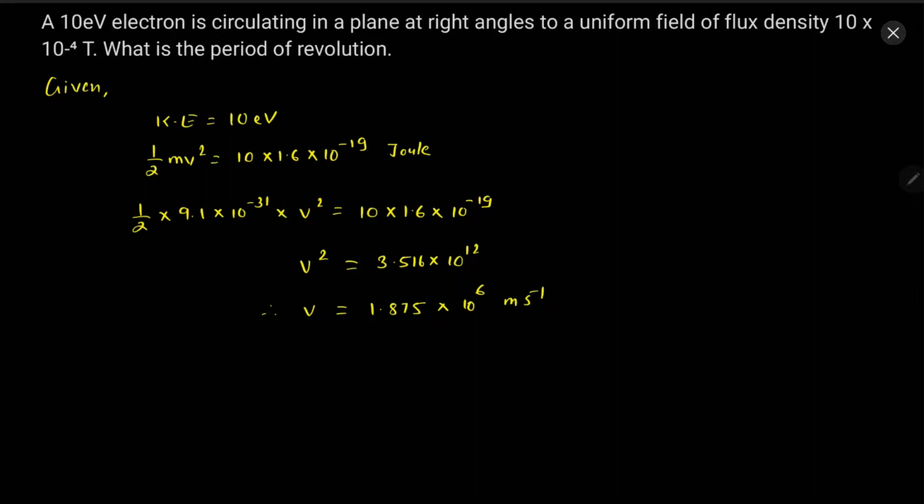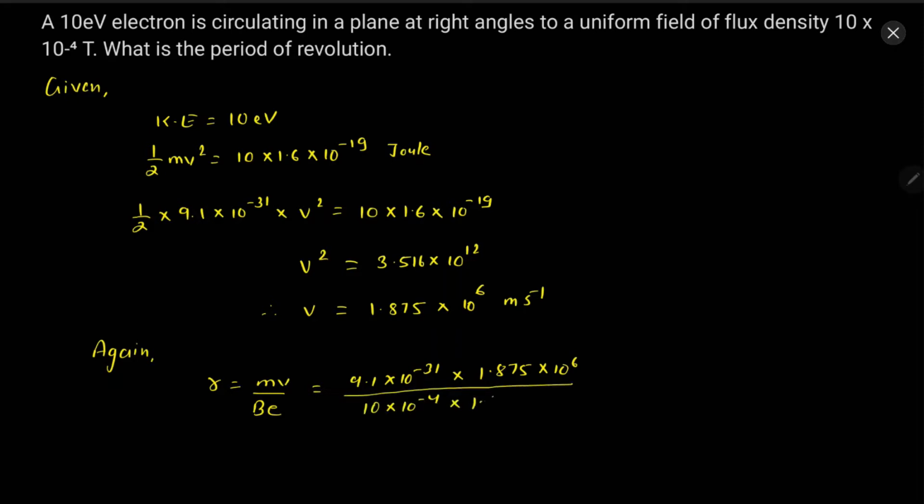Now when this electron enters into a magnetic field at right angle, then the radius of the path is mv by Be, which is equal to 9.1 into 10 power minus 31 into 1.875 into 10 power 6, by applied magnetic field 10 into 10 power minus 4 and charge of electron 1.6 into 10 power minus 19.